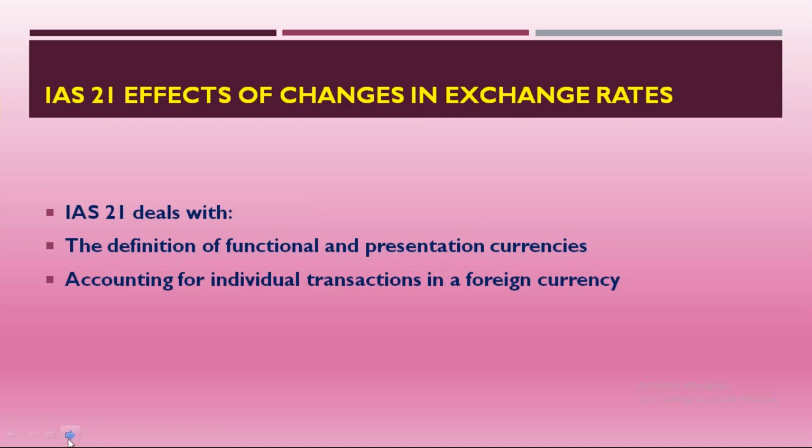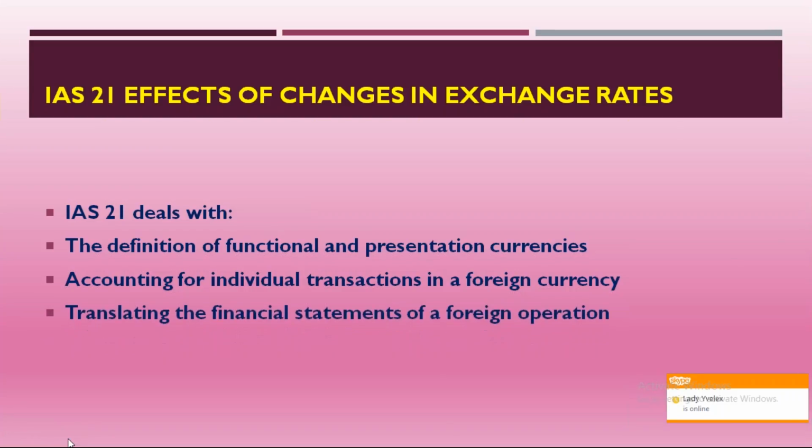It also deals with individual transactions in a foreign currency, like if you sell some goods to a customer and you're getting money in foreign currency, how to deal with that. And also it deals with foreign operations, if you have a subsidiary, how to do the translation of the foreign statements.